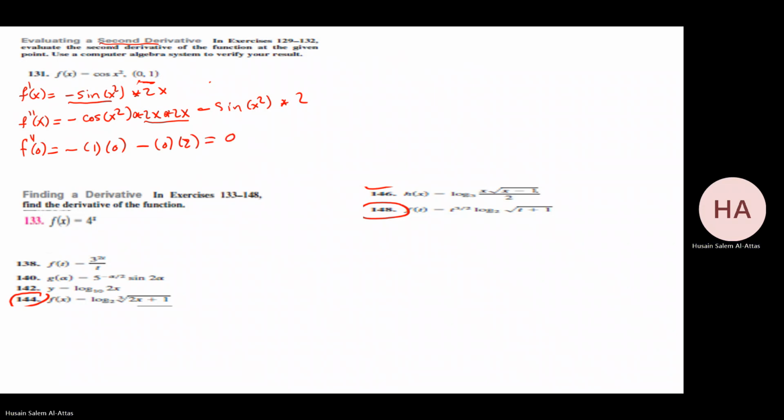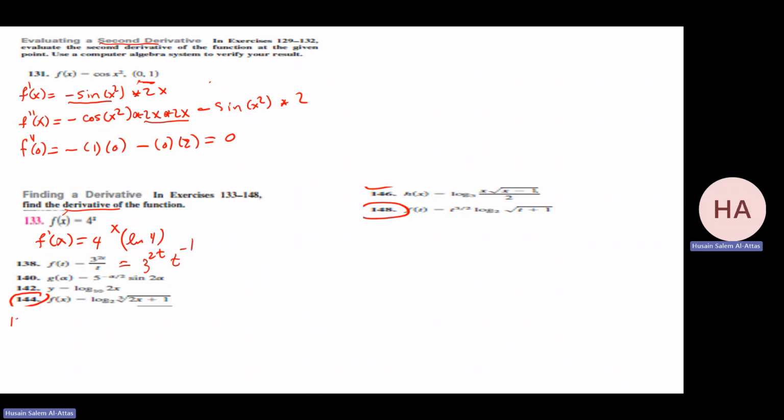Find the derivative. Just find the derivative. What will be f prime? It will be 4 to the power x ln 4. This one, you can rewrite it as 3 to the power 2t times t to the power minus 1.